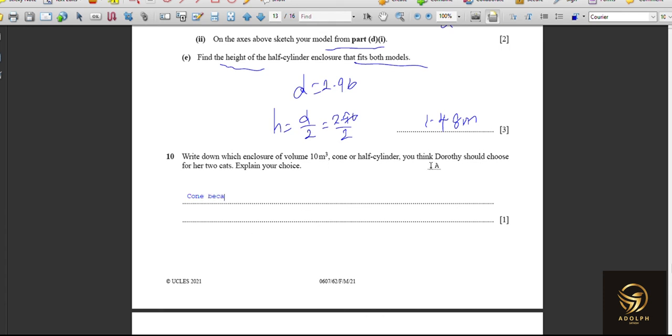Because the half cylinder has not enough height.